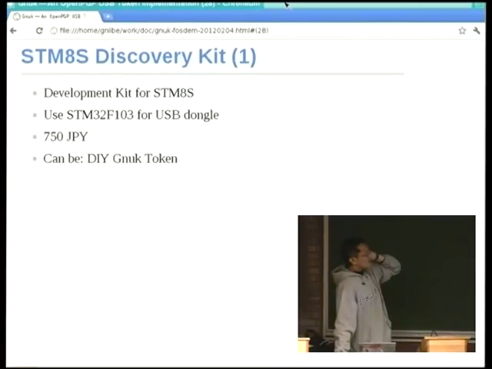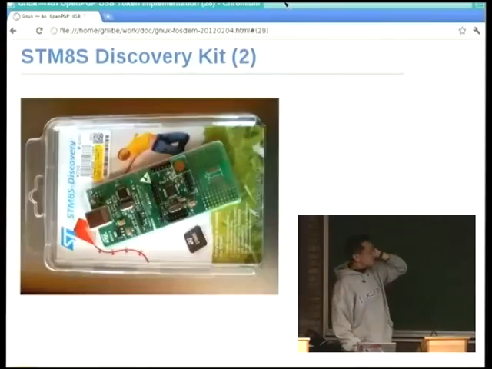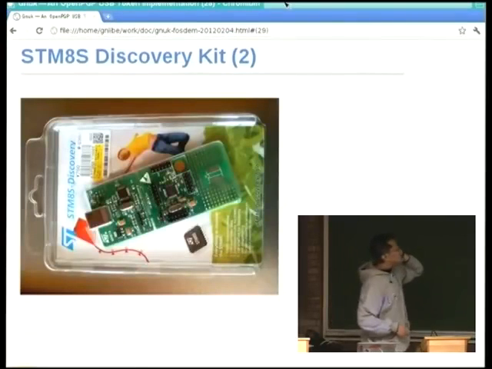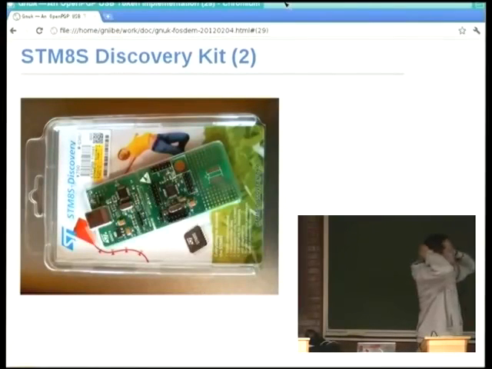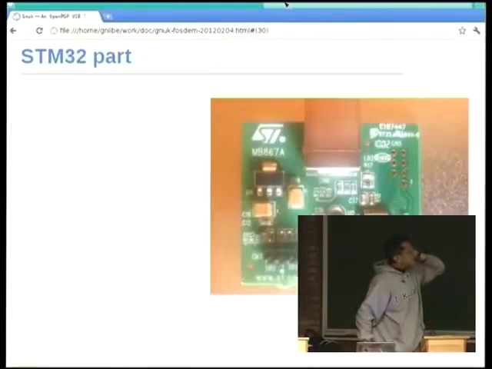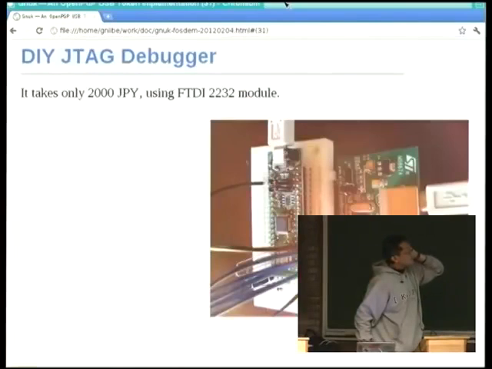And if you have enough technology for do-it-yourself electronics, you can make a Gnuk token easily. Here is an STM8S Discovery kit. And here is an STM32 part. And this is my do-it-yourself JTAG debugger connecting to the STM32 of the STM8S Discovery kit.